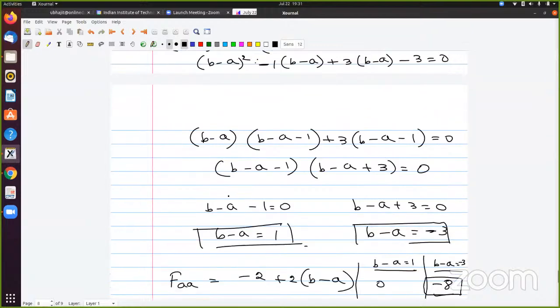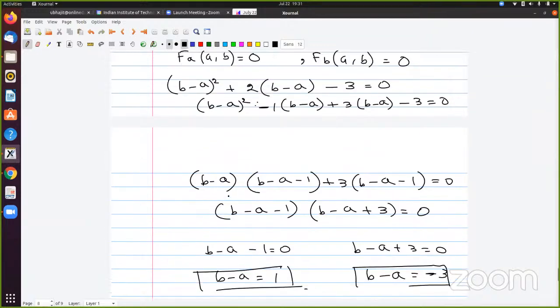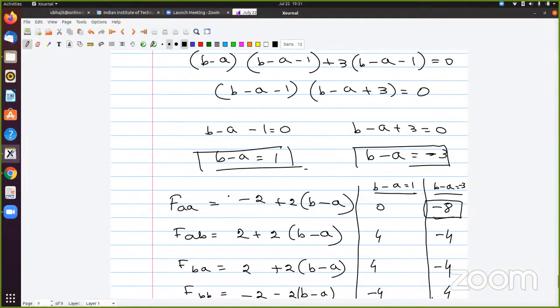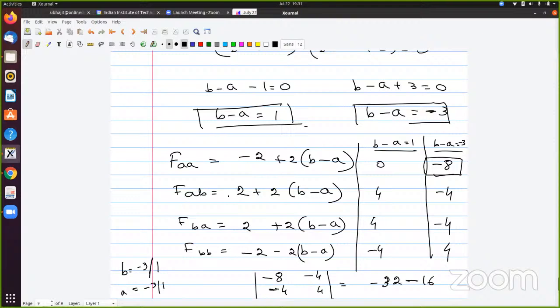Sir, here f_a is b minus a equal to -3. Your value is 6 minus 2, which is 4. You did it plus 2 minus 1. Where am I wrong?